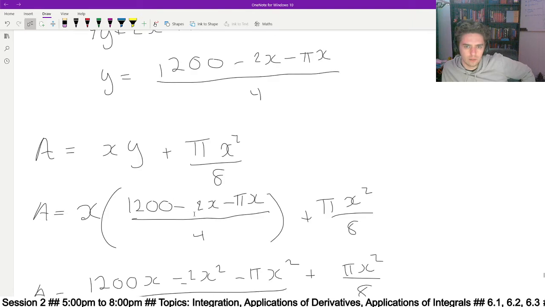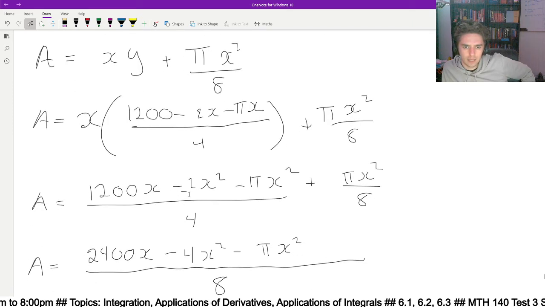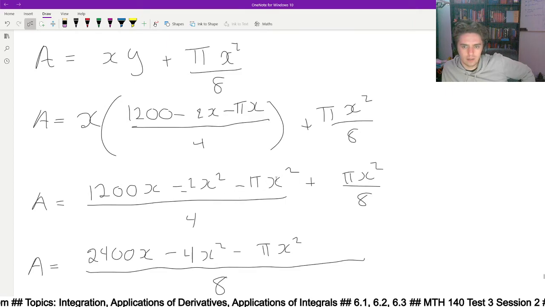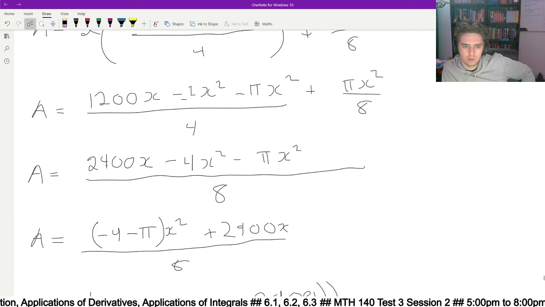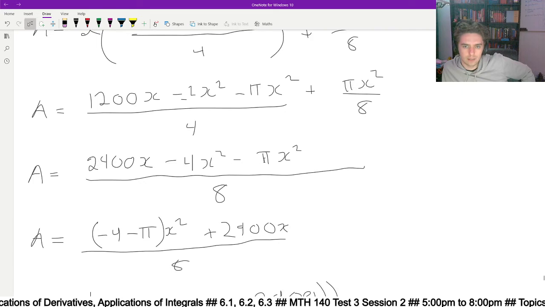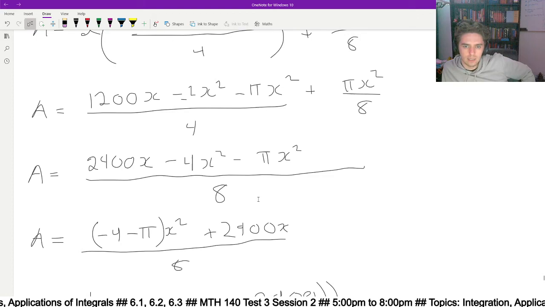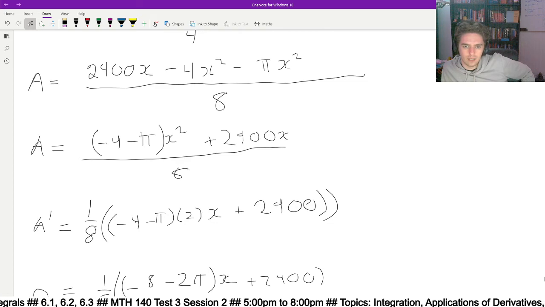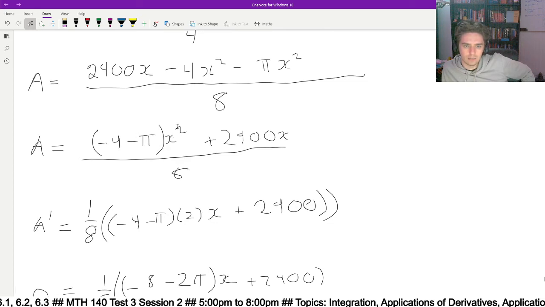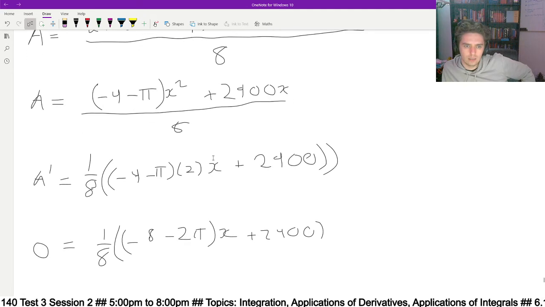So 1,200 minus 2x minus pi x over 4, multiplied by x, minus 2x squared over 8. Multiplied top and bottom by 2, 2,400x minus 4x squared, this stuff happening over 8. Okay, then factor out minus 4 minus pi x squared plus 2,400x over 8.